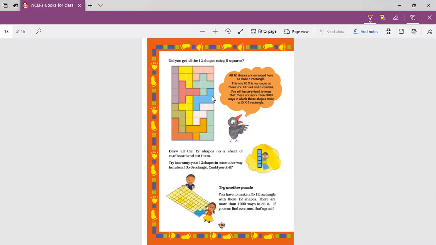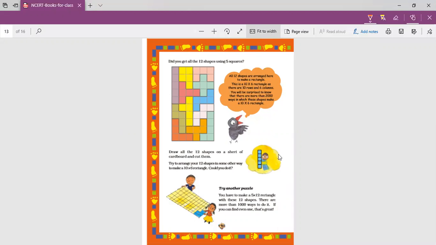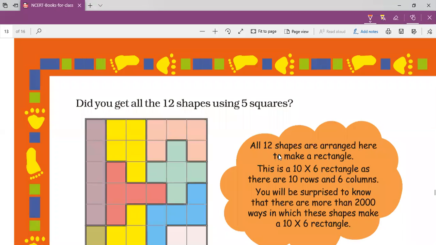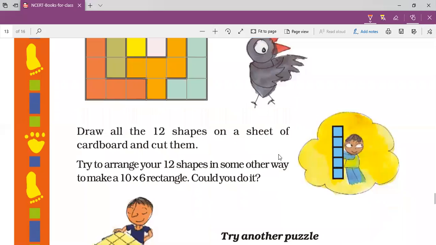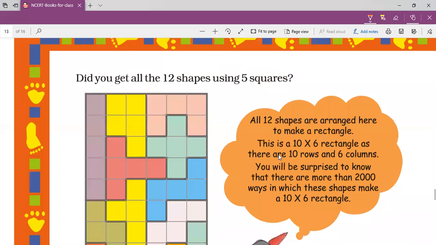You can play this game with your sisters and even with your friends also. Okay, so all 12 shapes are arranged here to make a rectangle. These are the shapes only. They have cut those shapes and arranged them in such a way that it forms a rectangle.